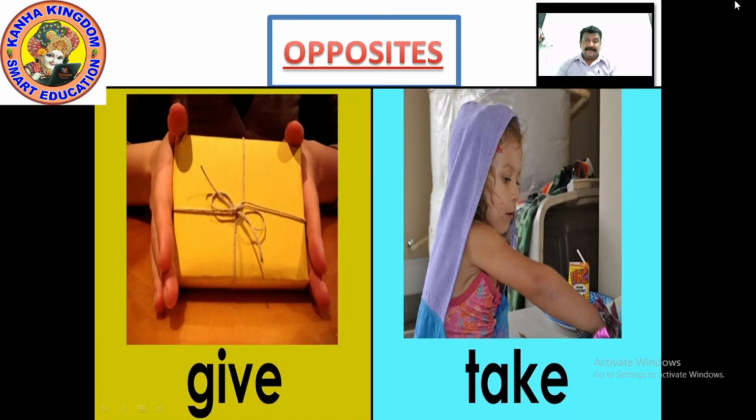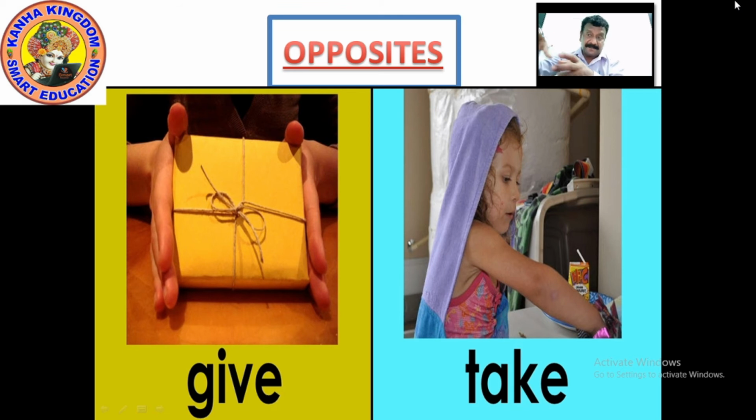Here you can see someone with two hands giving something. That is give. Give means with these two hands we are giving something. And take. Take means taking by ourselves. That girl is doing what? She is taking something by herself. Take. She is putting her hand in the thing which she needs and she is taking it. Give and take. Take means taking by self. Giving means giving with two hands. If we want to give something, we give it with two hands.